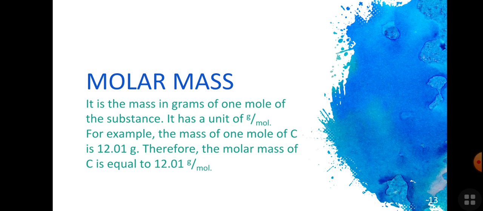Or simply, kapag elements lang ang pinag-uusapan natin, we just look at the periodic table. Kasi their atomic masses is equal to their molar mass. So, 1 mole of those elements, kung ano mang element yan, 1 mole of nitrogen is equal to 14.01 gram per mole, which is also equivalent to its atomic mass na 14.01 AMU.